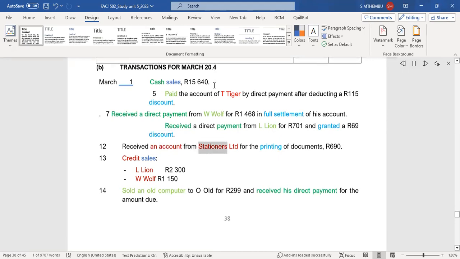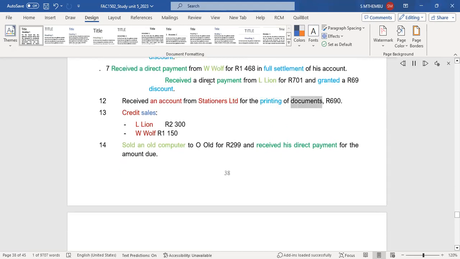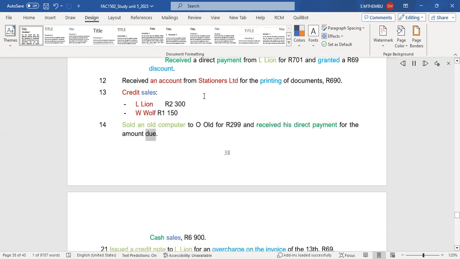Received an account from Stationers Ltd for the printing of documents, R690. Credit sales: L Lion R2300, W Wolf R1150. Sold an old computer to O Old for R299 and received his direct payment for the amount due. Cash sales R6900.